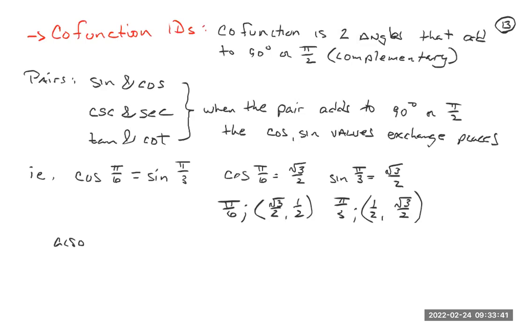Also, we might say that the tangent of pi over 3 is the same thing as the cotangent of pi over 6, because pi over 3 and pi over 6 add up to pi over 2.